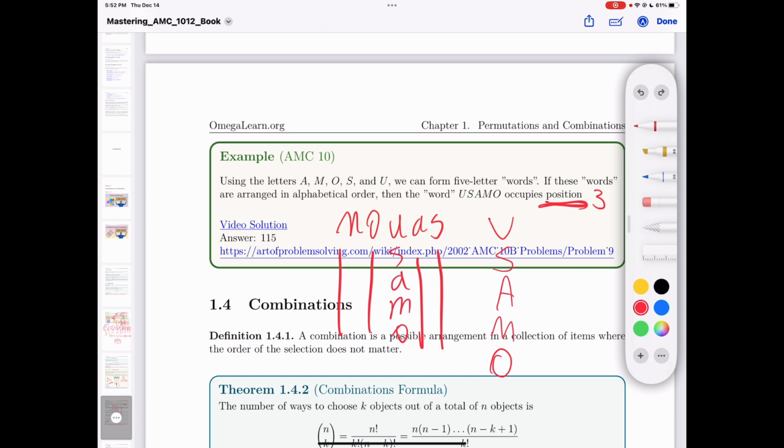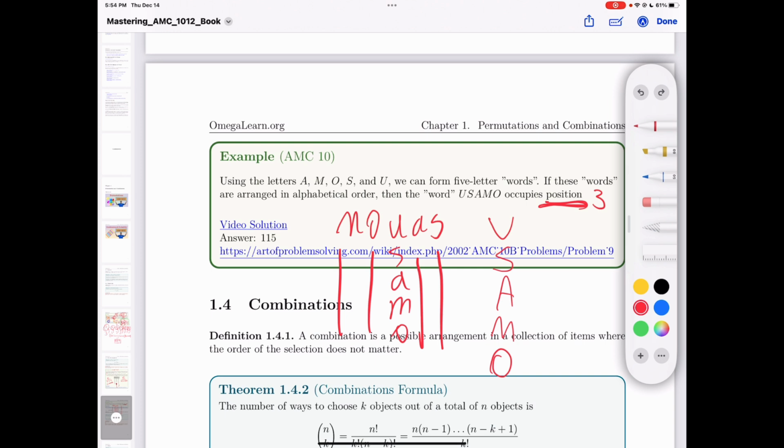Oh, it's problem 9. Oh, I am very confused as to what this is asking for.